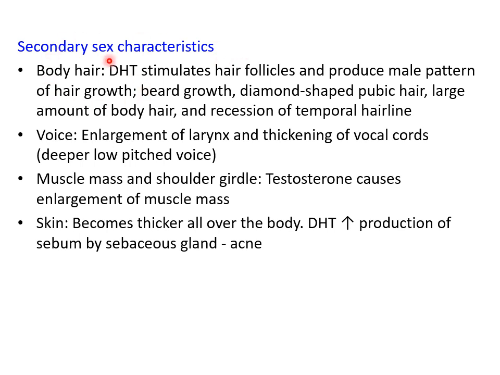The body hair growth, the pattern of the hair growth, the enlargement of larynx, which causes the deepening and breaking of voice, the muscularity, the skin which becomes thicker, and the DHT which increases the production of sebum, which contributes to the acne formation.